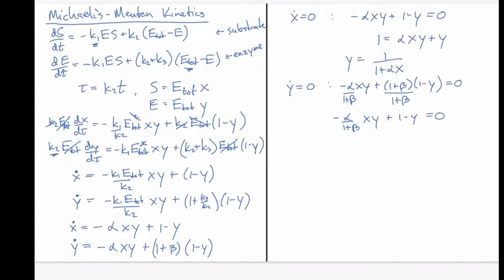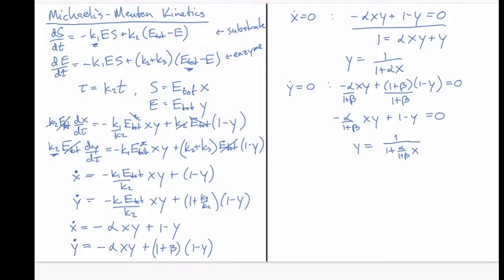And you'll notice this is pretty much the same as this equation here, except alpha is replaced by alpha over 1 plus beta. So I can just write down that the y nullcline is going to be 1 over 1 plus alpha over 1 plus beta times x.